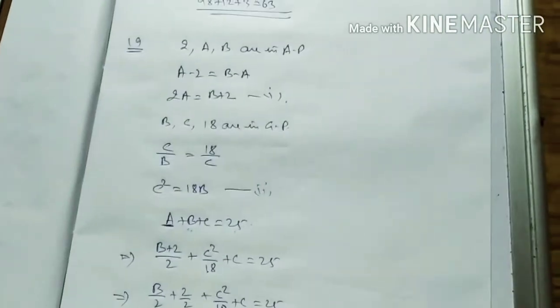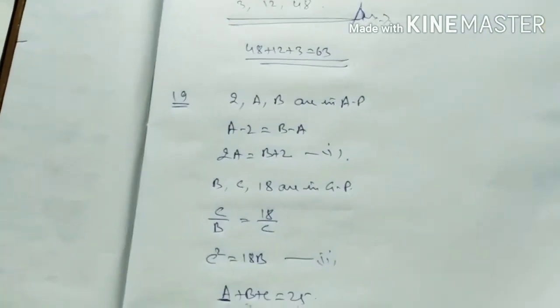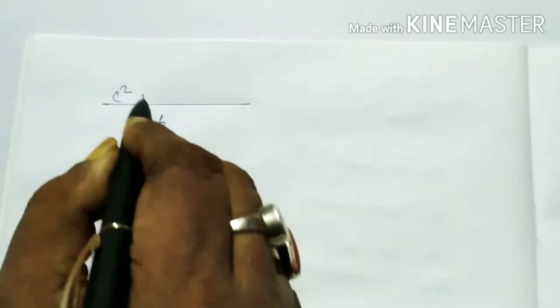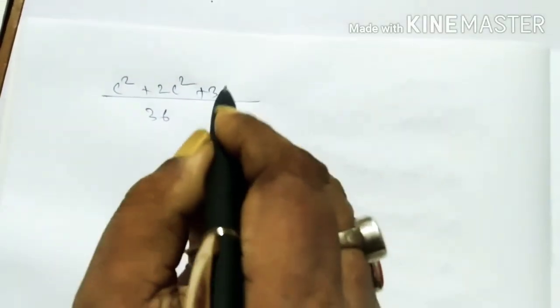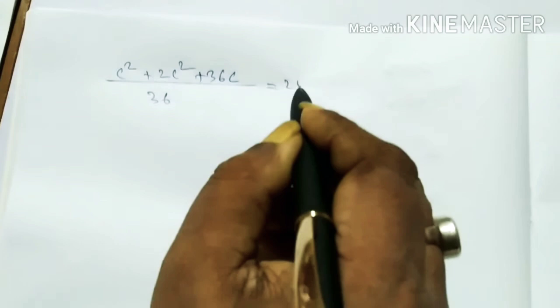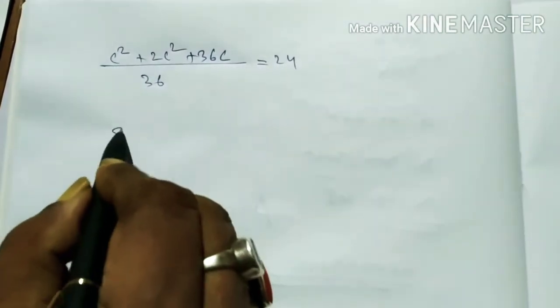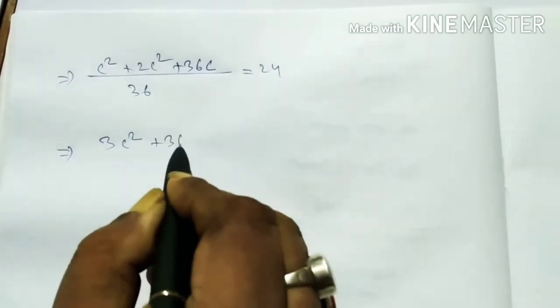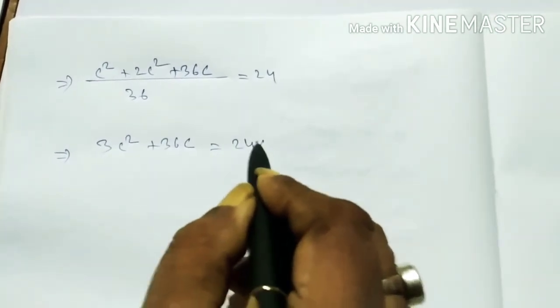Now here again your LCM will be 36. C square plus 2C square, because 18 twos are 36. So 3C square plus 36C is equal to 24 into 36.